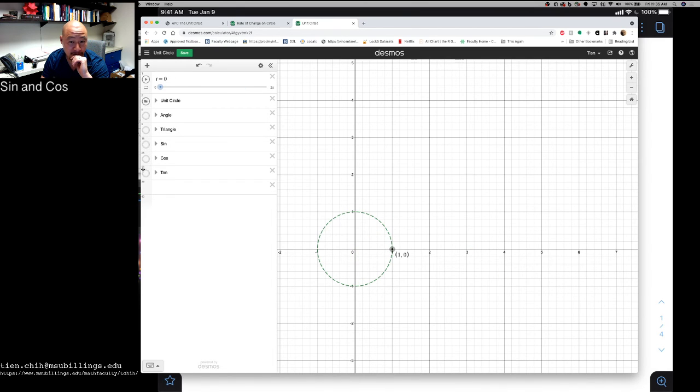Alright, so starting over, if I take a look at cosine, cosine is the same thing except it's forward and back. So we start at 1 because we're 1 unit forward, and then as we traverse, let's back it up a little bit here. It gets smaller and smaller.